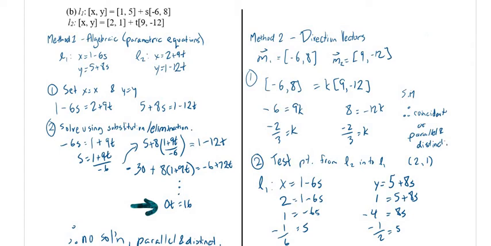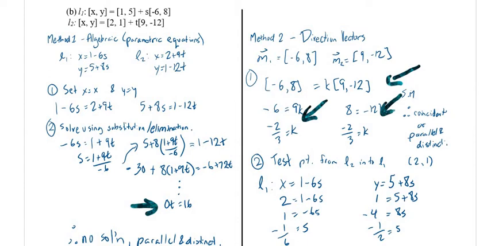Just like before, we are going to rewrite it. Direction vector 1 is equal to k times direction vector 2. And then we're going to separate it out into x and y equations, and then solve for k.